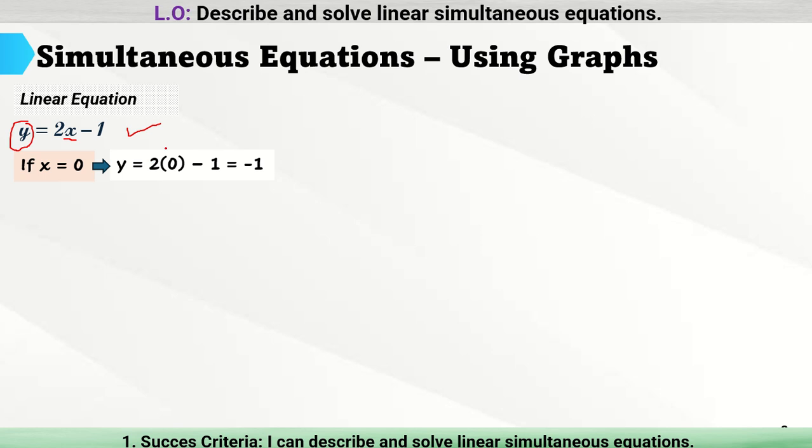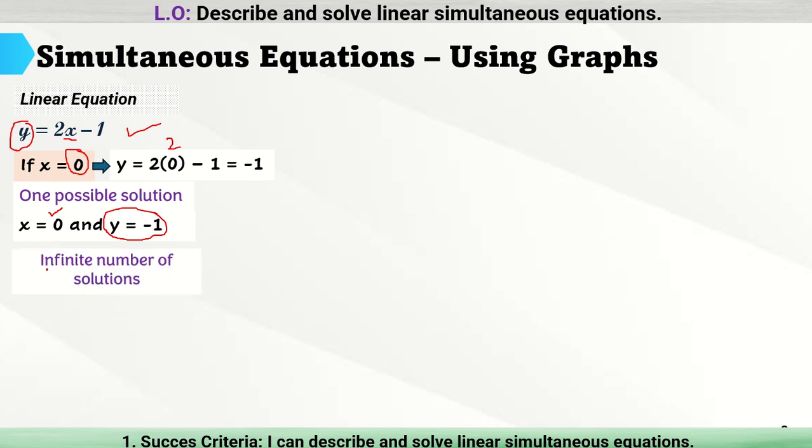Okay, now what do I have? I have one possible solution by just considering the x value, and that is x is 0, which I considered, and once I substitute the value of x into the equation, I get y, which is minus 1, right? This is my first solution pair.